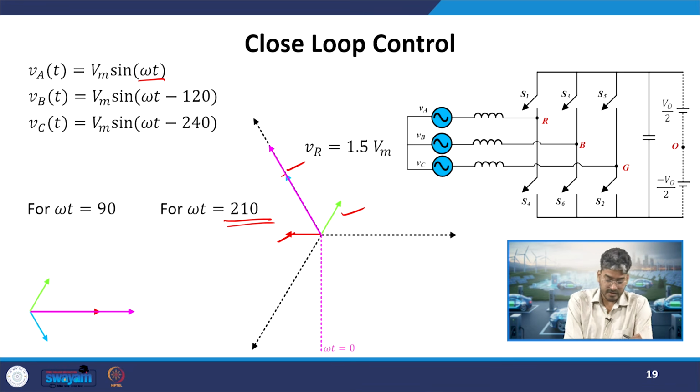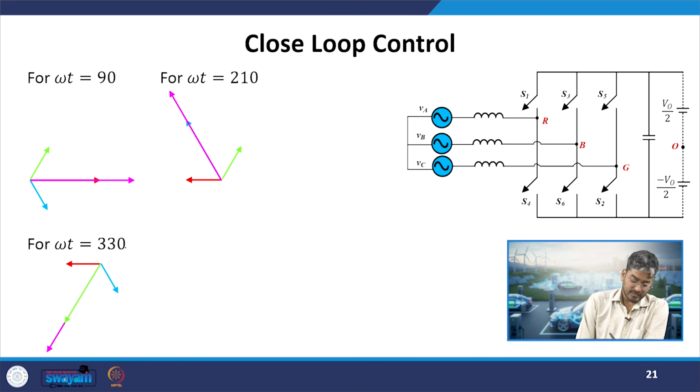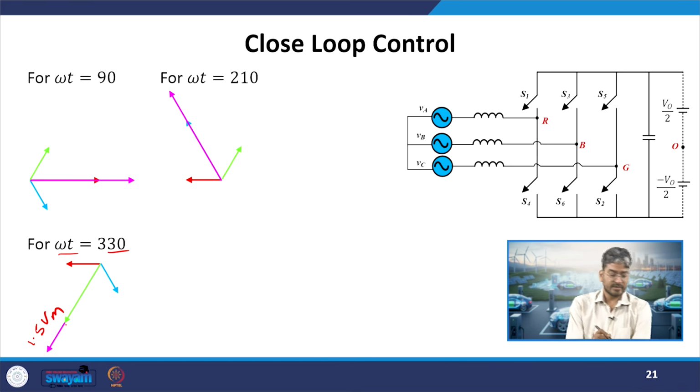Now if I calculate the resultant in this case, again I will see that it has a value equal to 1.5 times the supply peak voltage. Then again, when omega t equals 330 degrees, I will have the same value, that is, the resultant will again be equal to 1.5 times Vm. The only thing which is changing is the position of the vectors.